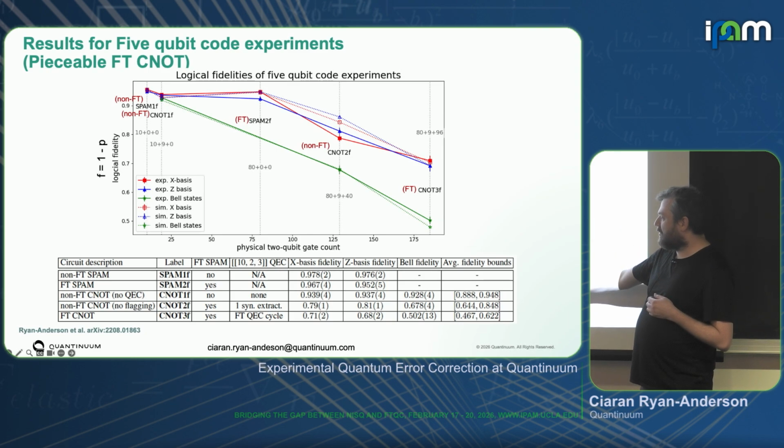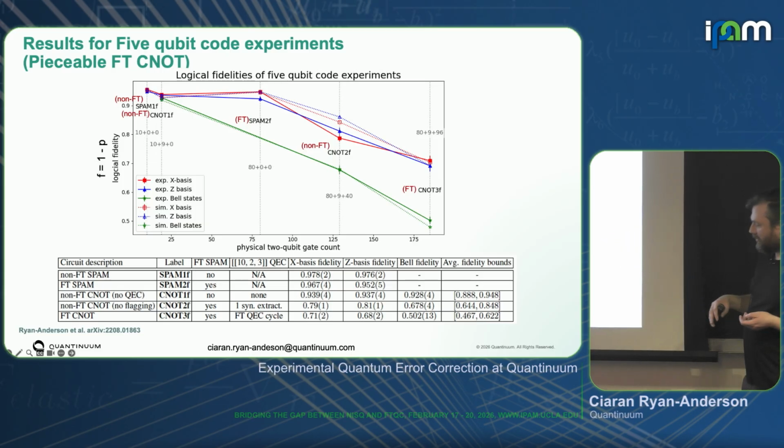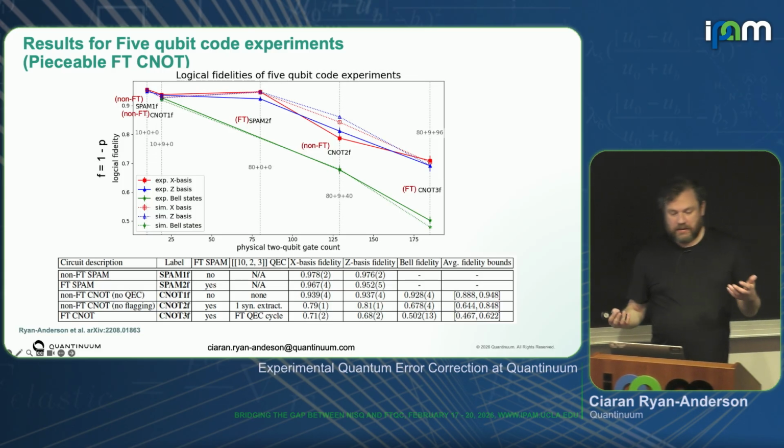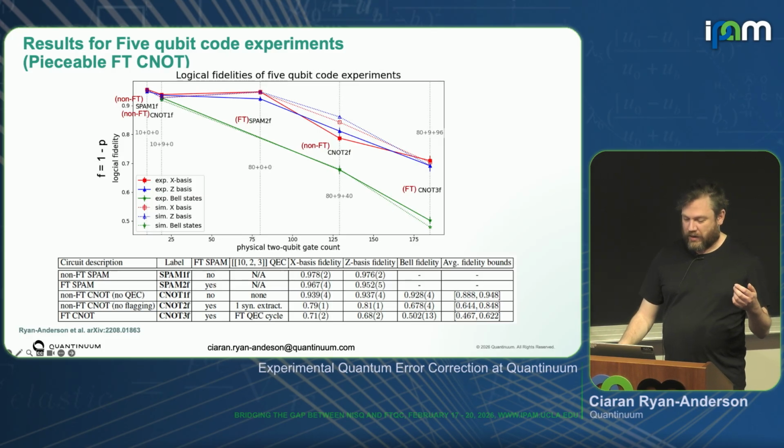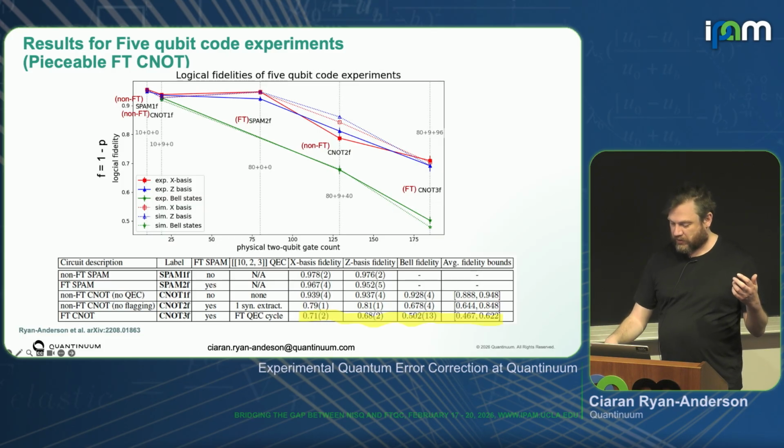We're around 70% fidelity for the X and Z basis, and around, I guess, 50% fidelity for the Bell state, where I think completely random is 25%, something or other. But it is a more complicated circuit than what you'd want to do with the color code or surface code.